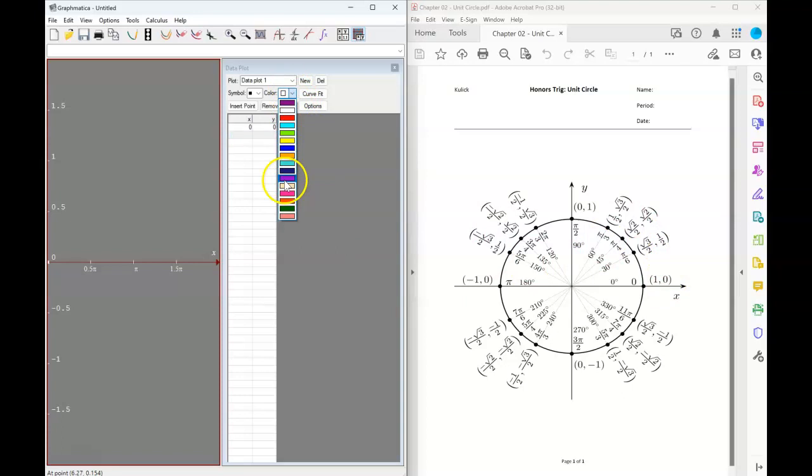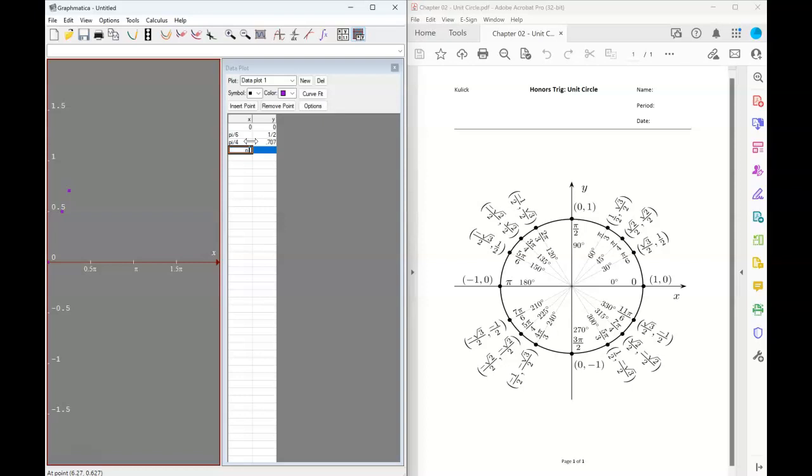I don't like those whites. So give me a fun color. Purple. That's pretty fun. The next point is the angle measure pi over 6, and the y-coordinate on the unit circle is 1/2. So again, you're seeing the points coming in over here as I'm plotting them. We have pi over 4, and then root 2 over 2 is approximately 0.707.